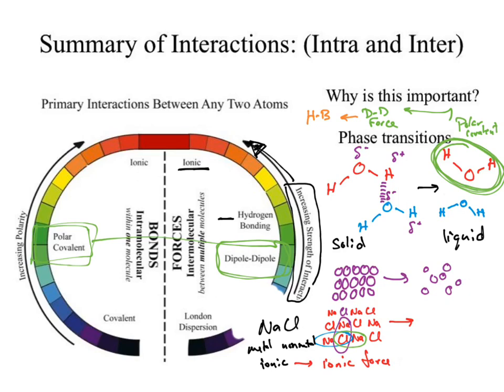But if I throw him up against the mountain, he's going to get crushed. Hydrogen bonding is an exceptionally strong force in comparison to dipole-dipole and London dispersion. Hydrogen bonding is not the strongest attraction because it is a force.